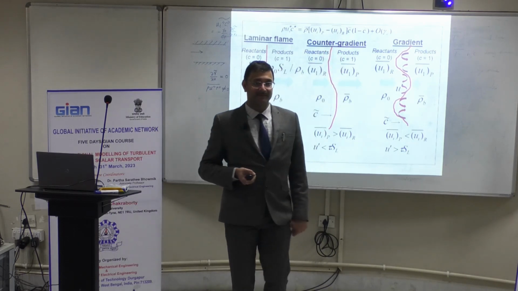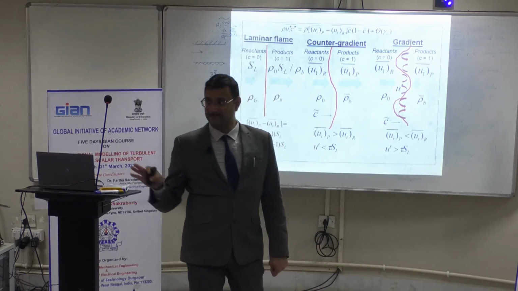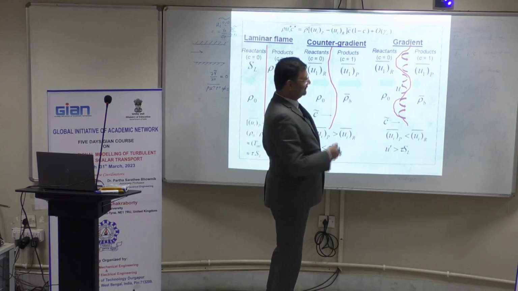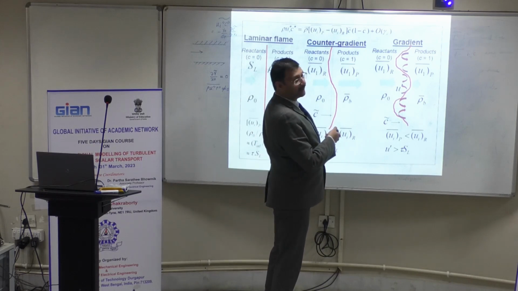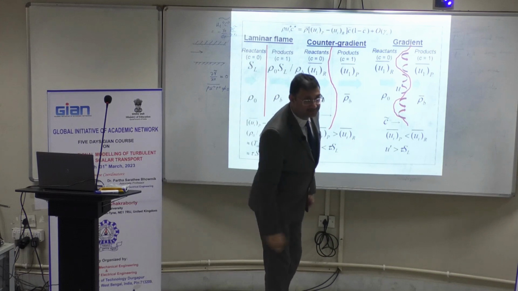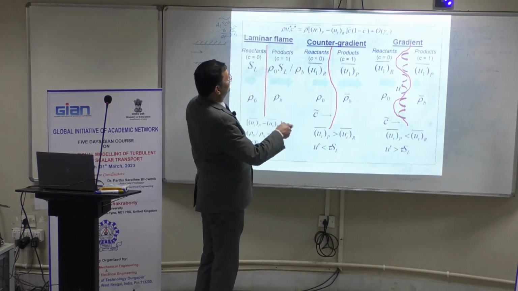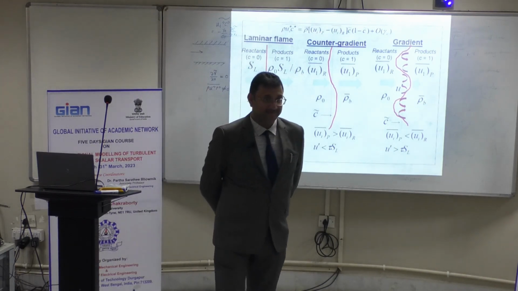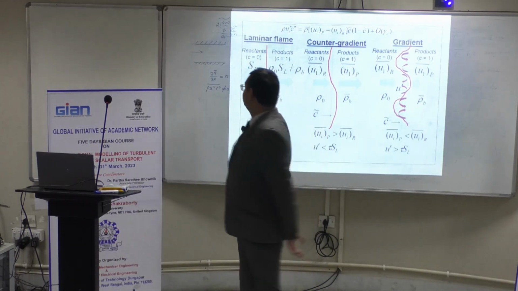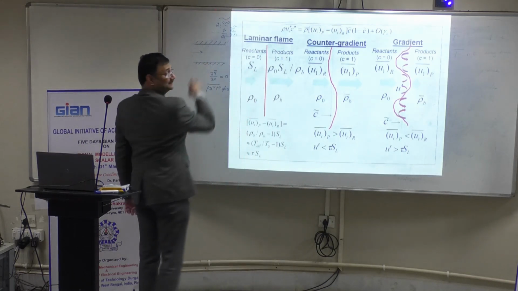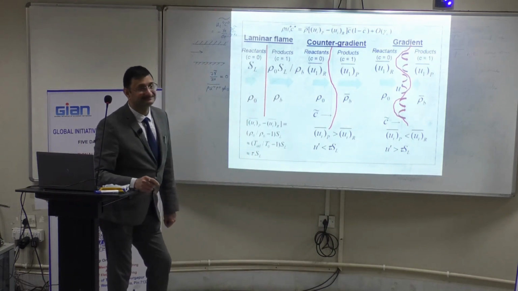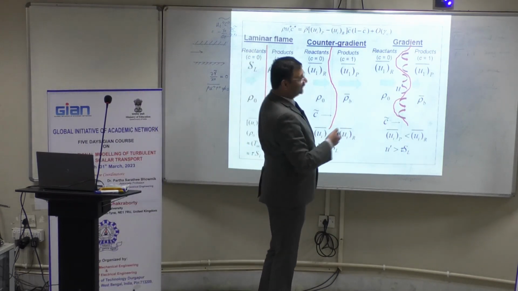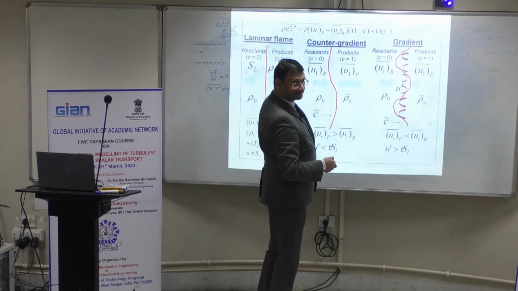If I have a situation where U_i R is greater than U_i P, then what happens to this term? Positive or negative? Negative. A negative flux, does it follow this? Yes. So then you will get gradient type of transport for this kind of situation.